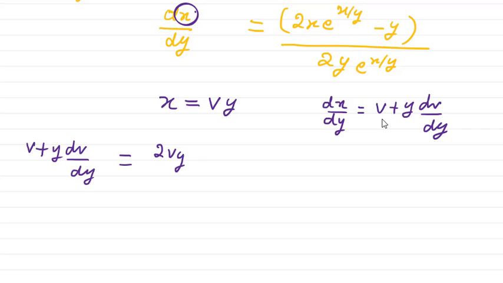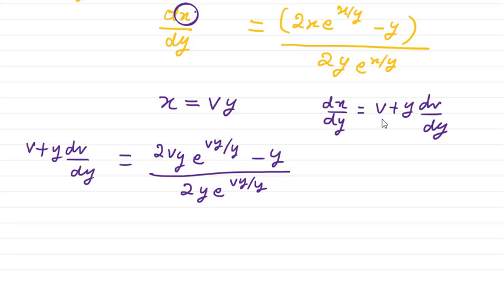So here we'll get vy e^(vy/y) − y divided by 2y e^(vy/y). Now we can simplify it and we will get 2vy e^v − y divided by 2y e^v only.